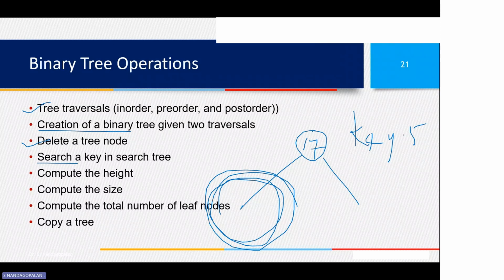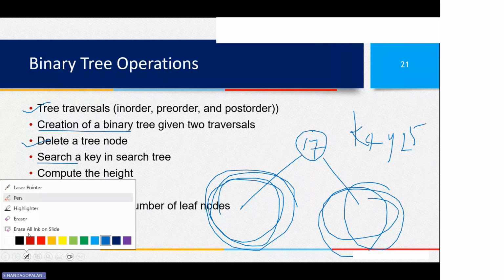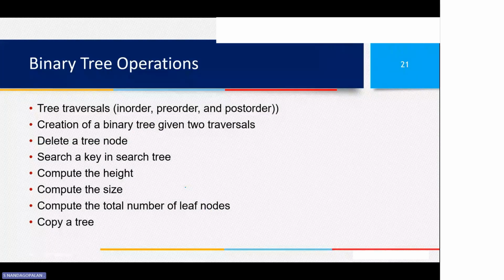Supposing the key is 25, I know that it is in the right half. How? Because I have the elements arranged in a particular order. But in my case here, it's not following any particular order. So searching has to be linear: start from the root and traverse through each and every node until you find it. You can write an algorithm. It's an exercise for you.